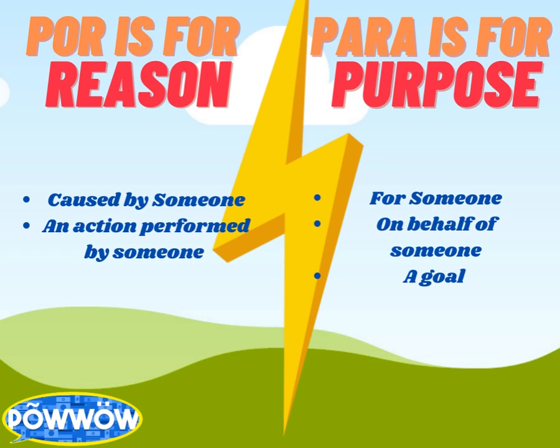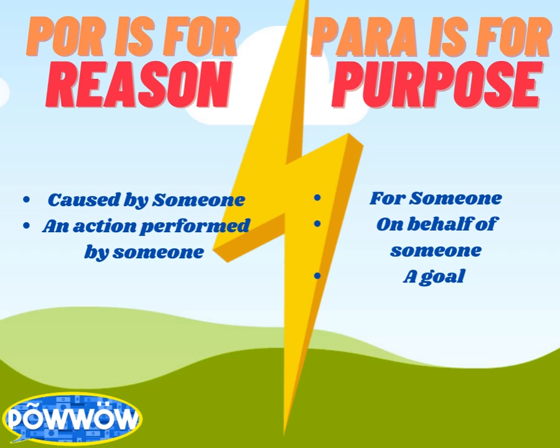Now, the difference between the reason and the purpose in this case is that the reason is more so along the lines of cause and effect. Something happened, and that is the reason. For example, Tom Clancy wrote a book, and now he has a book reading.